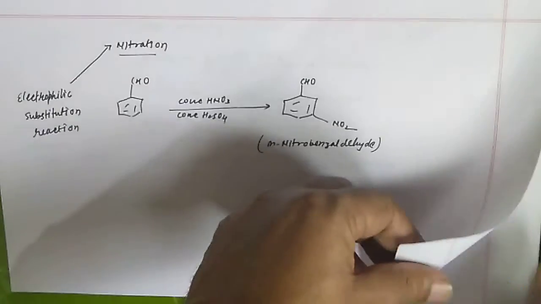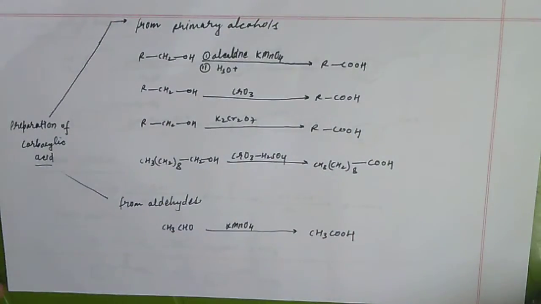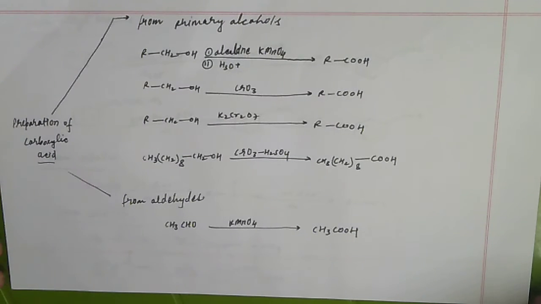Now we are going to the preparation of carboxylic acid. This is also a very important topic from the board exam point of view. Numerous methods are there to prepare carboxylic acid. The first method is from primary alcohol. If you oxidize a primary alcohol with Baeyer's reagent or alkaline KMnO4, it will give the carboxylic acid.